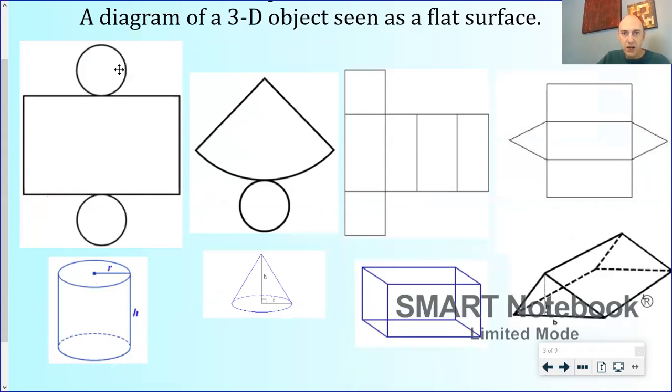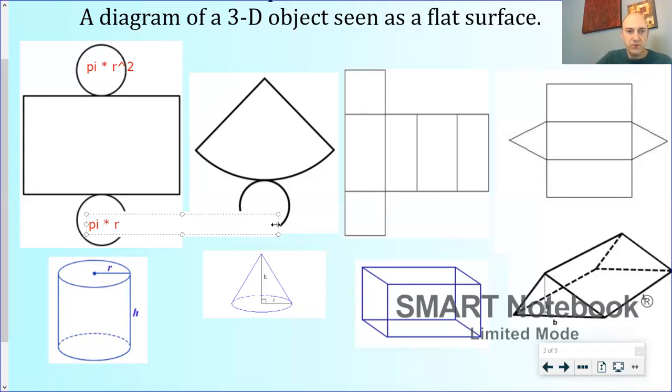So the area of this top circle is going to be pi times r squared. Sorry, I don't have a better way of showing squared. And then the area of this bottom circle is going to be the same. It's also going to be pi times r squared.